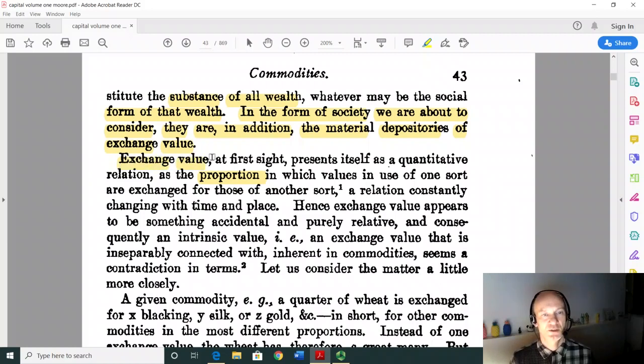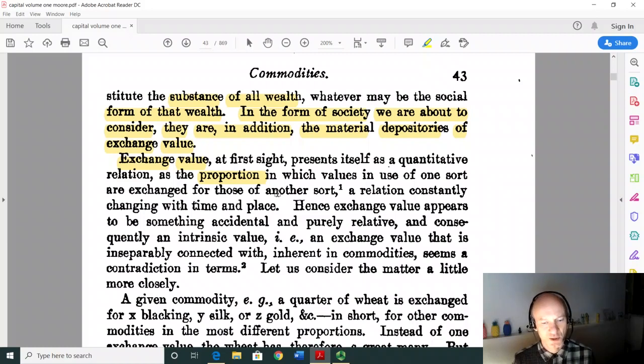That is the first definition of exchange value. So exchange value is the proportion in which different quantities of different useful things are exchanged, of course, only in the context of a society where people exchange things according to certain proportions.